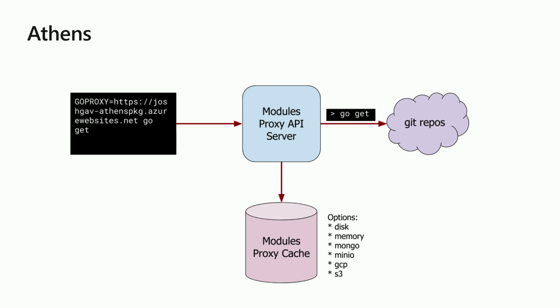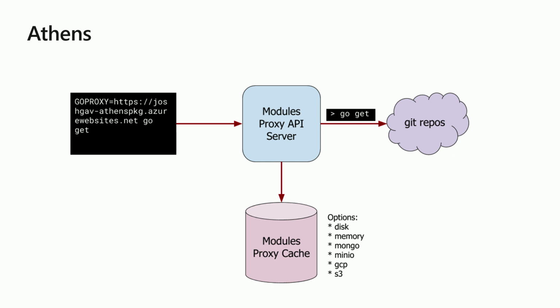And then the next time you ask for that module, instead of it having to go out and get it fresh, it gets it from the cache. It's a caching proxy. What's special about it is the API is unique. It's the protocol that was defined in the Vgo specs. It's pretty straightforward.